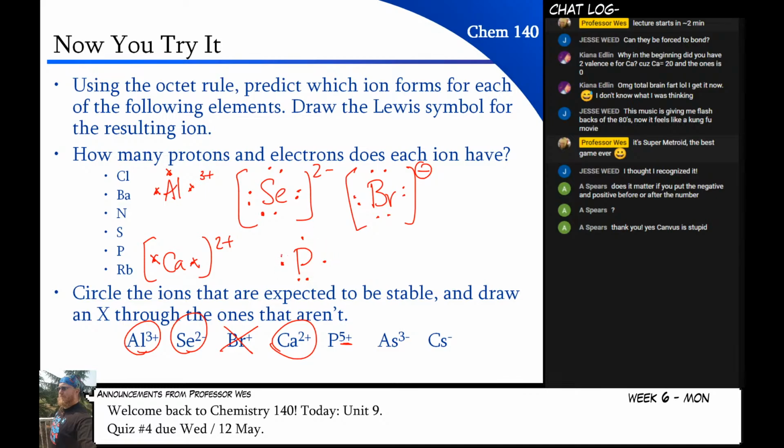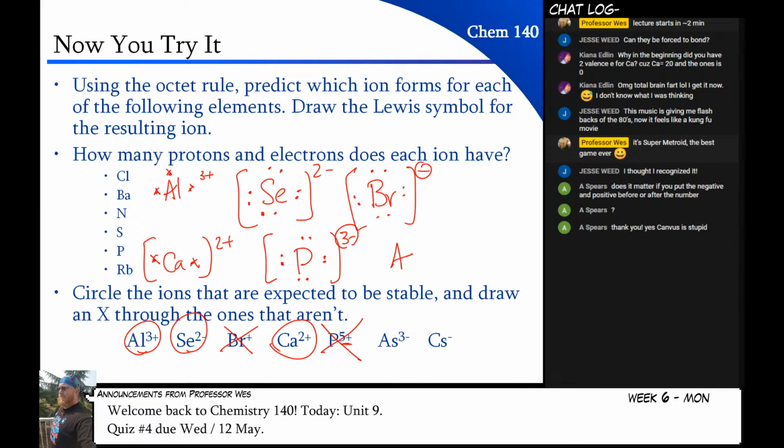That's an octet. But the easier way to do it is to add 3. Oops, 3 minus. Darn it. Pen slipped there. So this is not the one that forms, because 3 minus is easier. Moving 3 electrons is easier than moving 5.